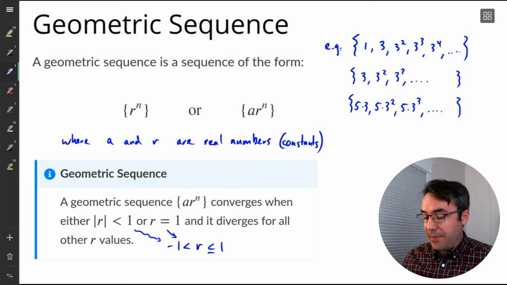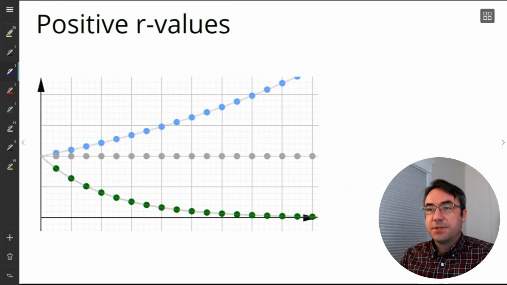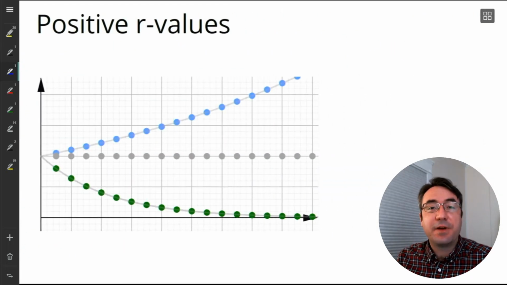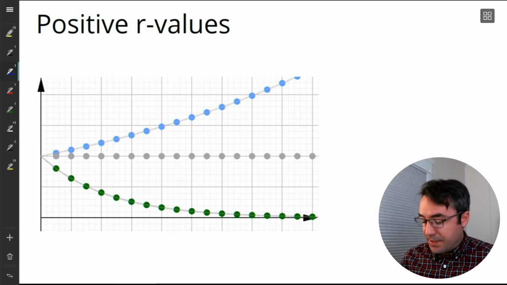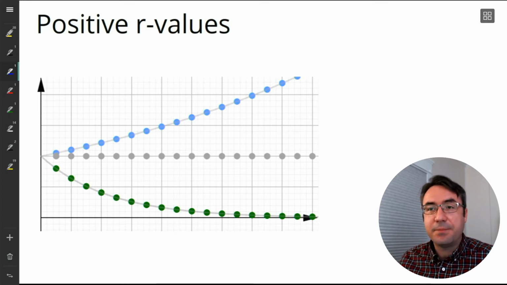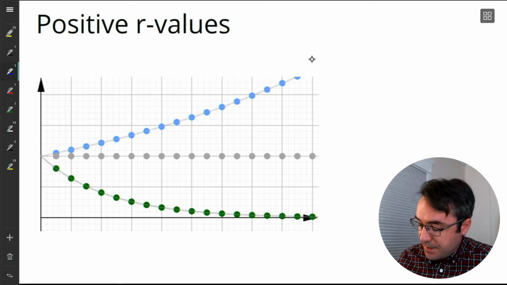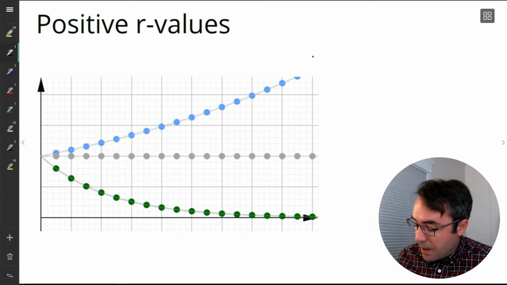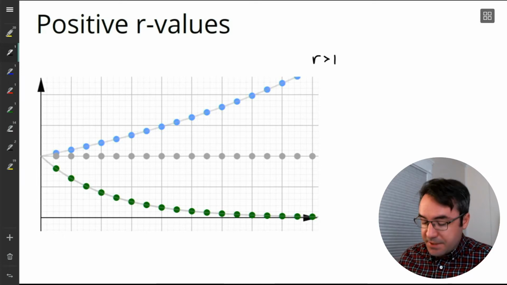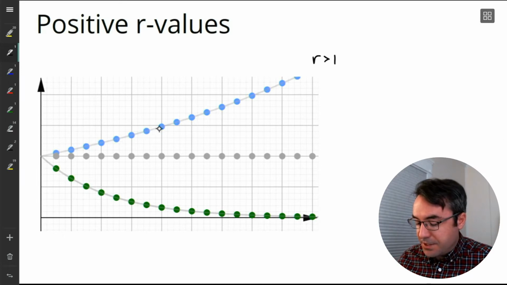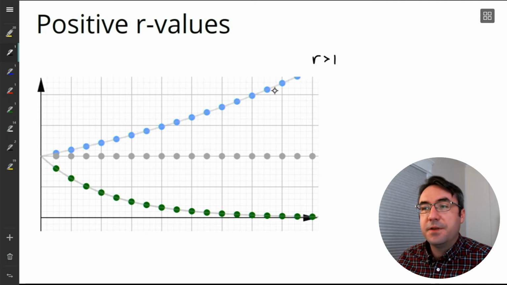Let's see what's going on though. So let's start with positive r values that are greater than 0. And what we can see here, we've graphed a few different examples. The first example here is when r is greater than 1. And what we see in this case is all of the terms of our sequence fall on this exponentially growing curve.